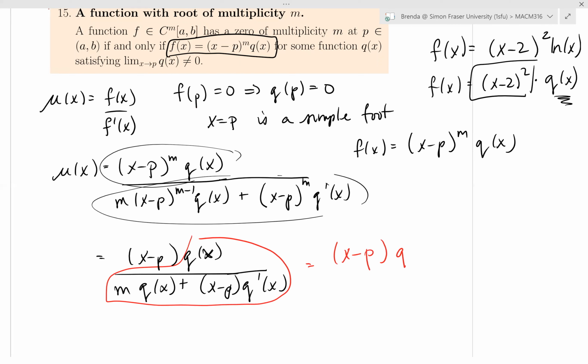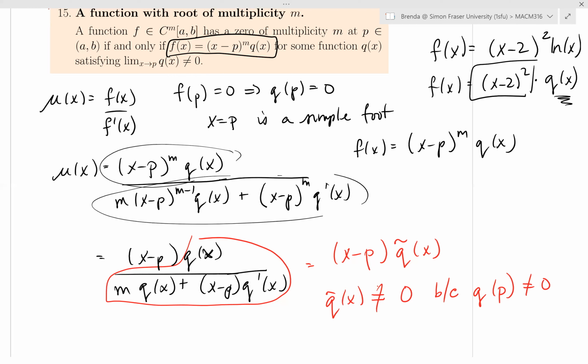Is q tilde of x equal to 0? Yes or no? No, it is not, because q of p is not 0.